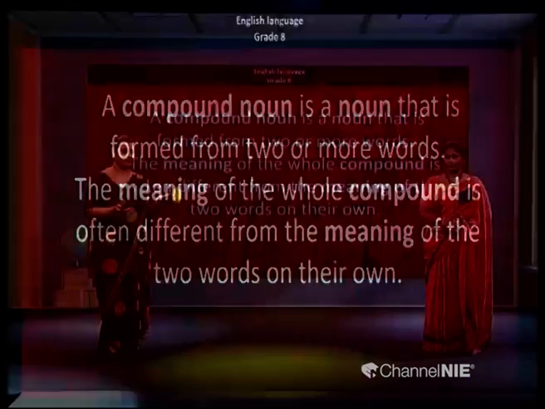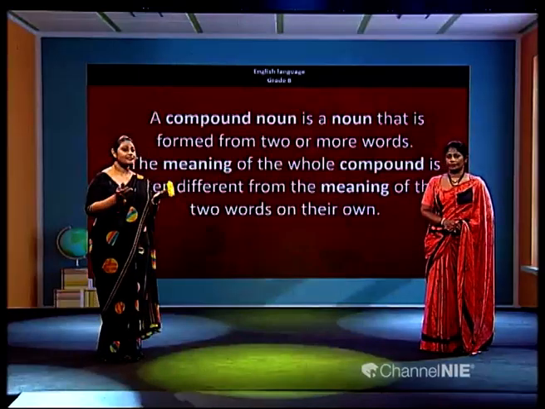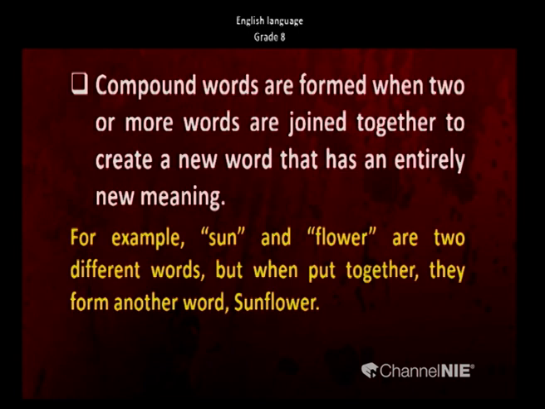When you take the word sun, it is different. The sun is there in the sky, right? But when you add these two words, it makes another new word. So compound words are formed when two or more words are joined together to create a new word.